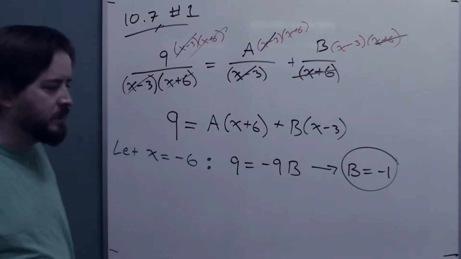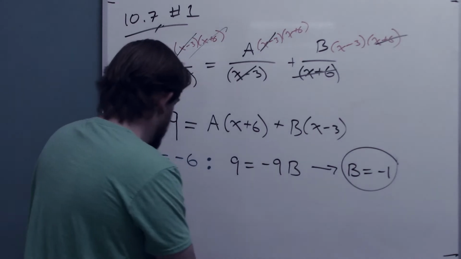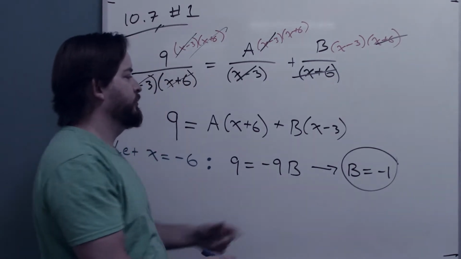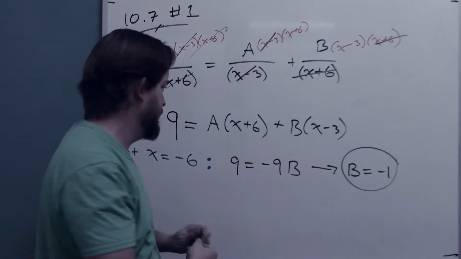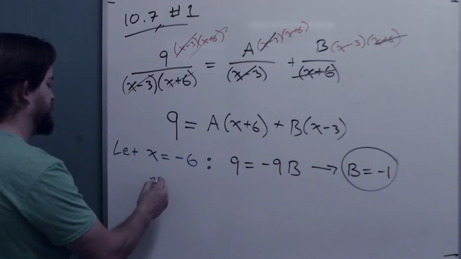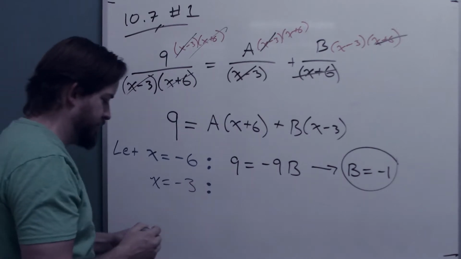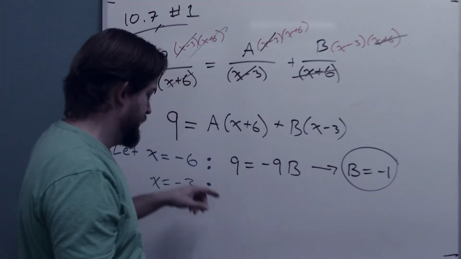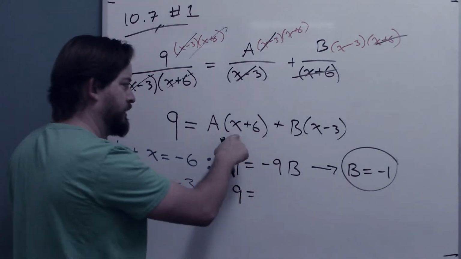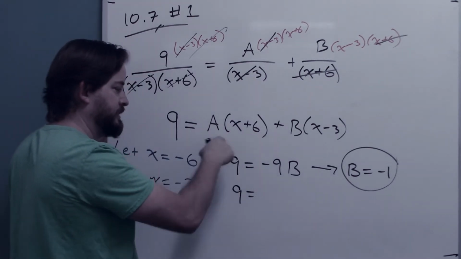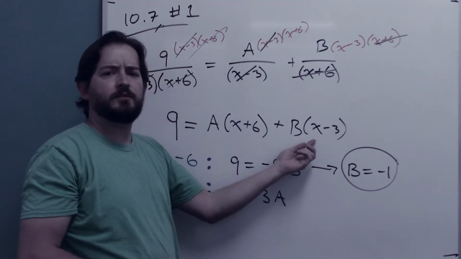Okay, done with that. The next thing that I'm going to do is say, hey, that was very awesome. What happens if I let x equal 3 to eliminate this term over here? So I will. What happens when x equals 3?